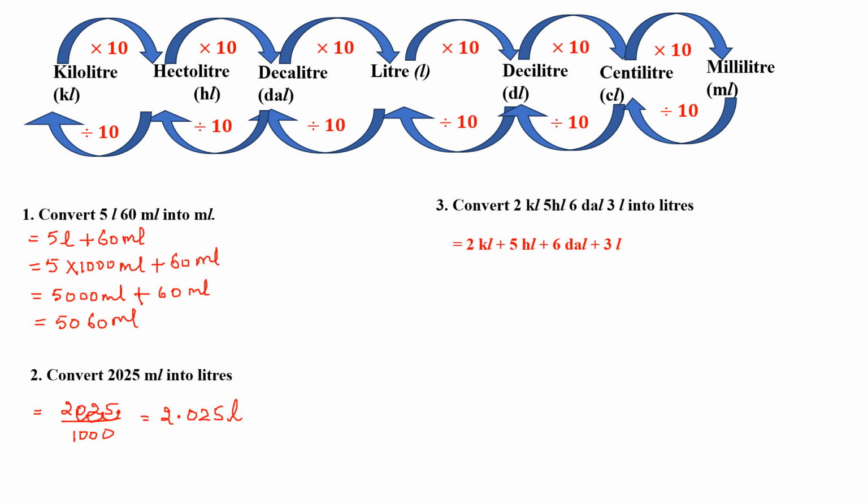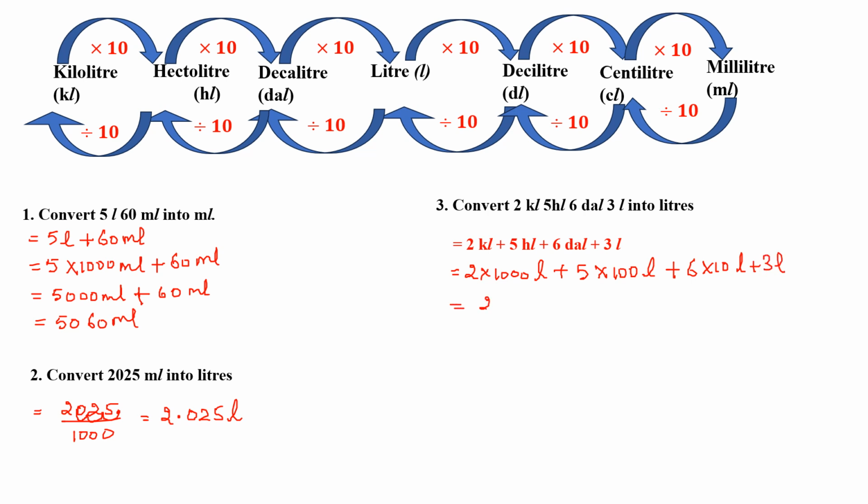So we can write 2 kiloliter means 2 into 1000 liter, because you have to shift 3 times to the right. So you have to multiply 10 by itself 3 times, which will give 1000. 5 hectoliter to liter means 5 into 100, because to move from hectoliter to liter, you have to move 2 times to the right. And 6 decaliter to liter, 6 into 10 liter plus 3 liter.